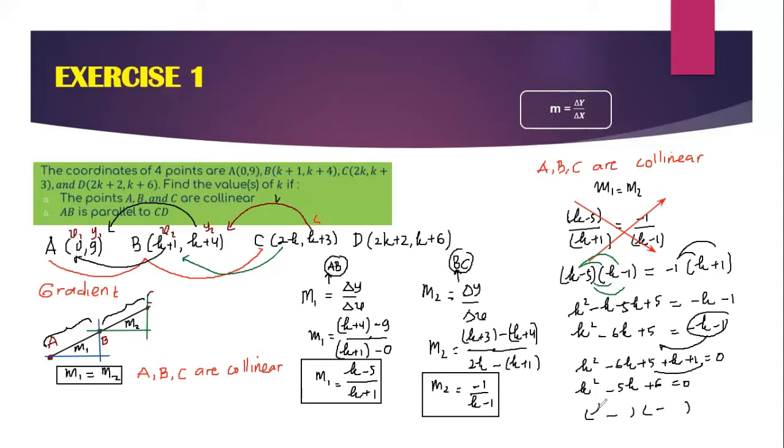Factors of k squared are k and k; factors of 6 must sum to minus 5, so minus 2 and minus 3. So k minus 2 equals 0 or k minus 3 equals 0, so k equals 2 or k equals 3. This is the final answer for points A, B, C being collinear.